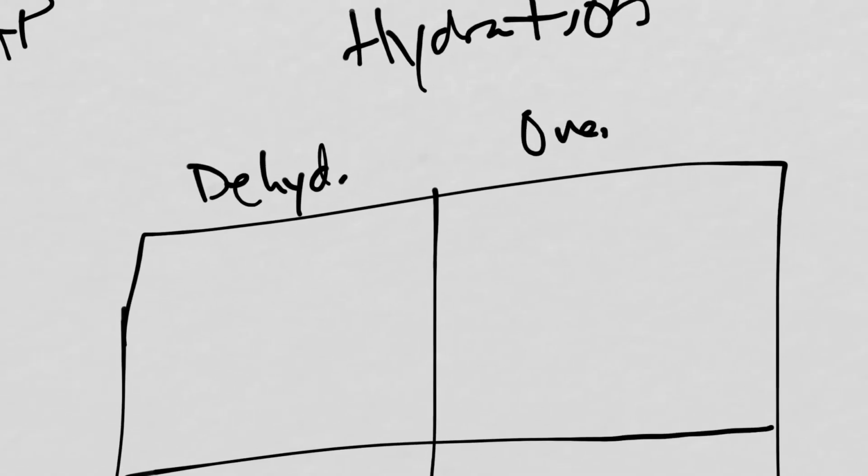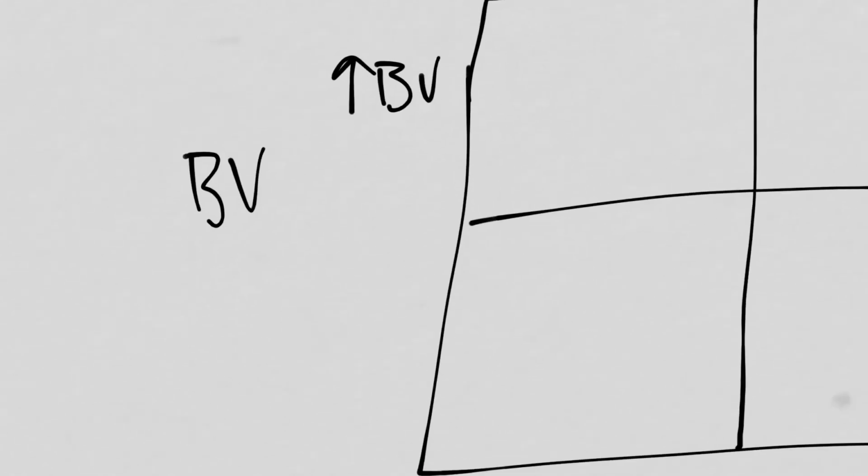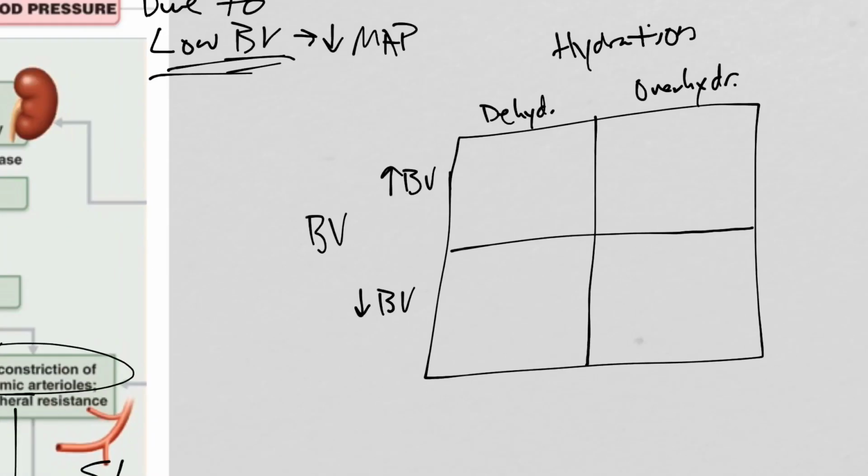This was dehydrated, this was overhydrated, and then I had blood volume on the other axis, and this was blood volume too high, and this was blood volume too low, right?